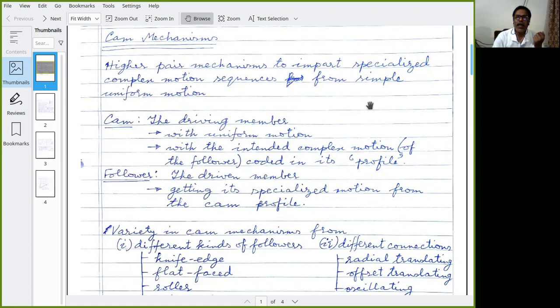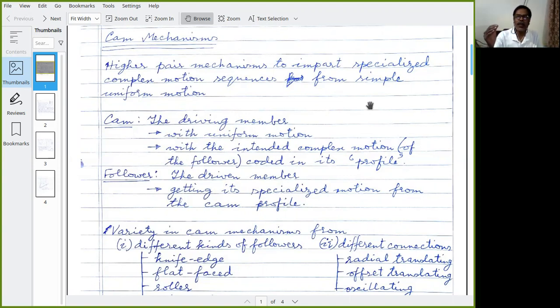So this is typically used to give some motion for the opening and closing of valves, and similar special kinds of motion which will occur once in a cycle periodically, or multiple times in a cycle also is possible, but in a pre-planned, pre-programmed sequence.